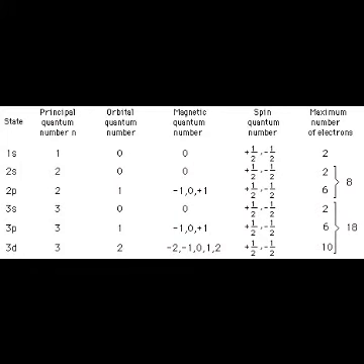If we consider the 1s orbital, one electron has principal quantum number equal to 1, and for another electron the principal quantum number is also 1. Both have l value equal to 0, because for an s orbital l equals 0. So if two electrons are present in the 1s orbital, both have n equal to 1, l equal to 0, and m equal to 0. But these two electrons have different spin quantum numbers.